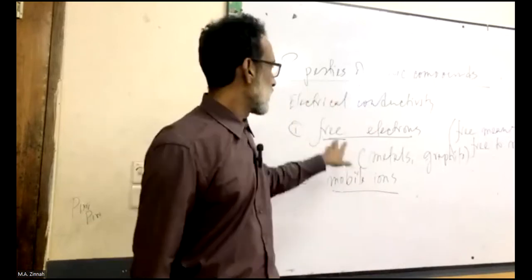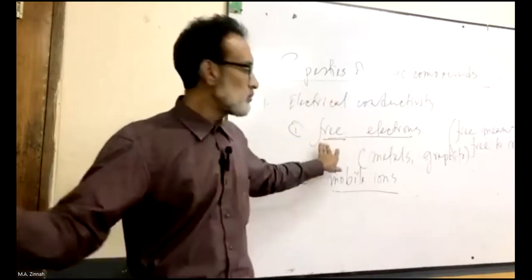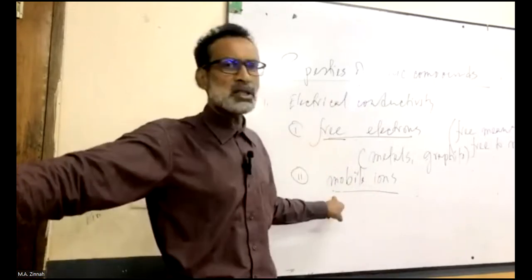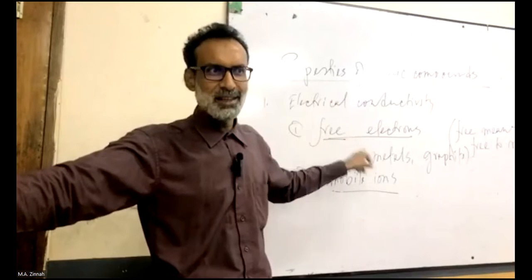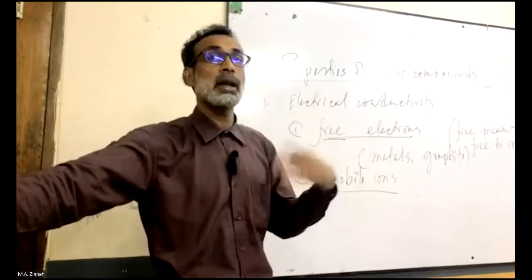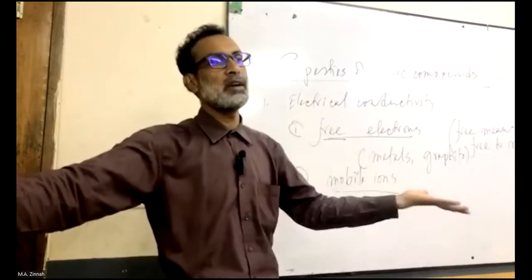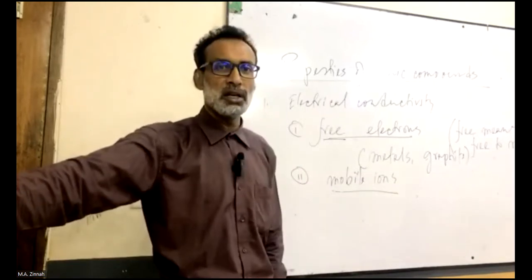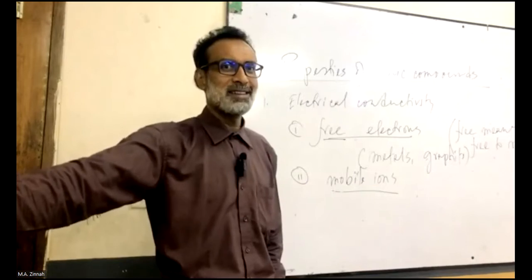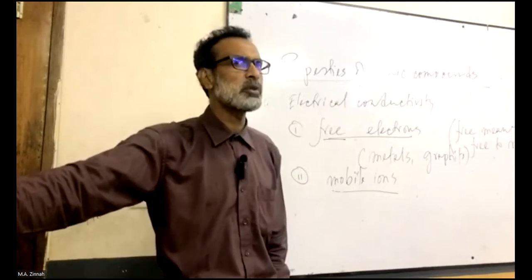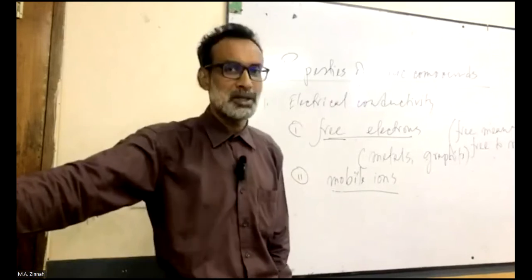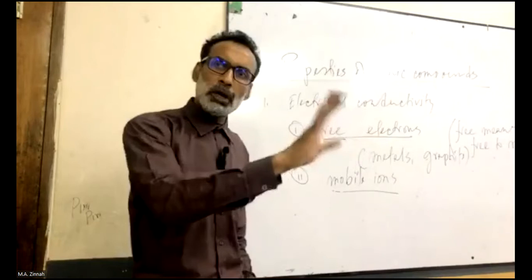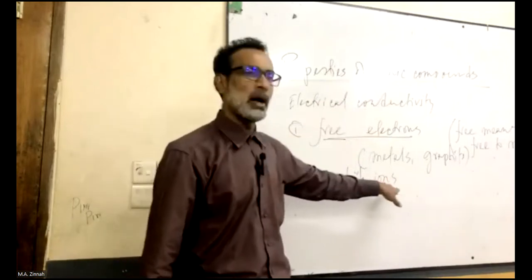Later in another topic we'll learn this. But just now, ions are much bigger than electrons. Electrons are very tiny, like airy, like energy. So they can move freely through solid objects. But the ions are a little bigger, so bigger particles cannot move through other particles in solid state. Okay, so you are clear about the availability of ions.